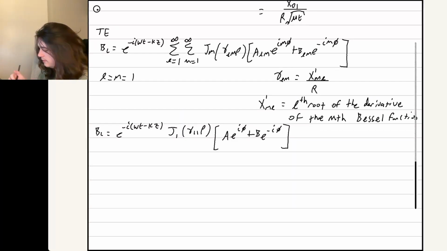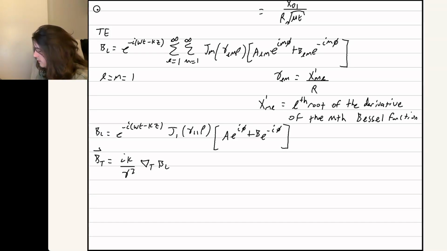Cool. We can get the transverse magnetic fields now as being ik over gamma squared, transverse gradient of the longitudinal magnetic field. But we have phi dependence and rho dependence now, so that's going to be a little bit more of a process. So ik over gamma squared e to the minus i omega t minus kz. Split it into a rho direction and a phi direction.